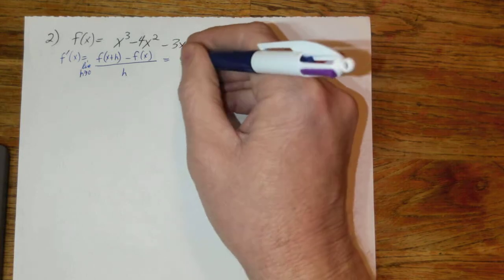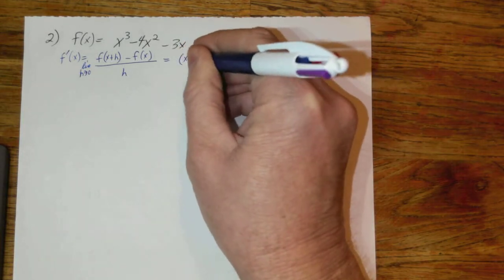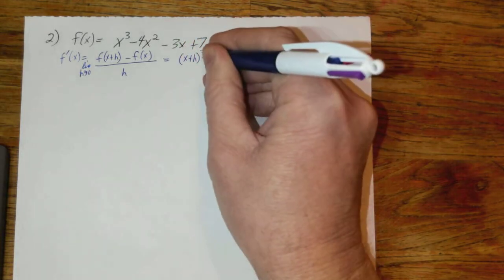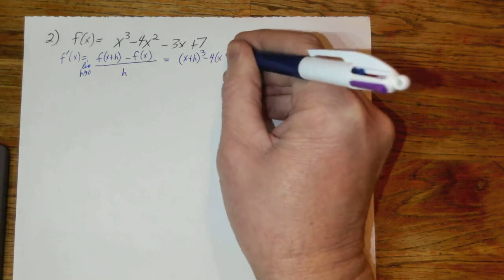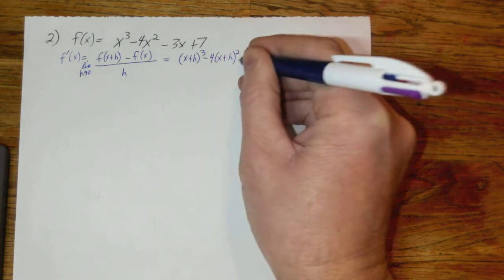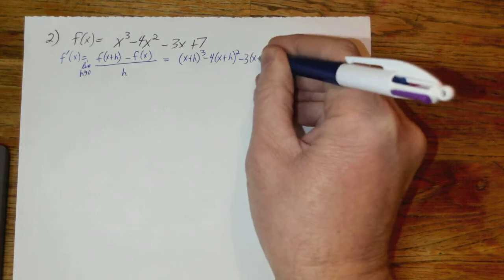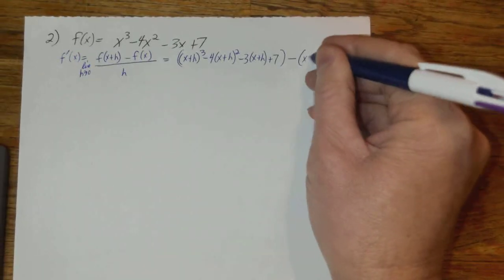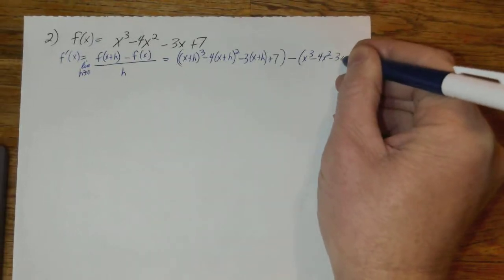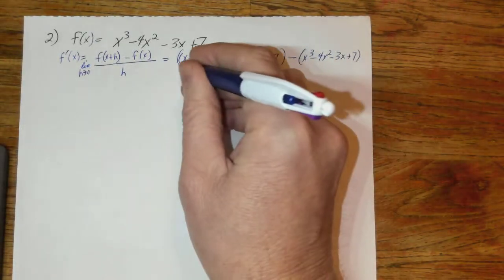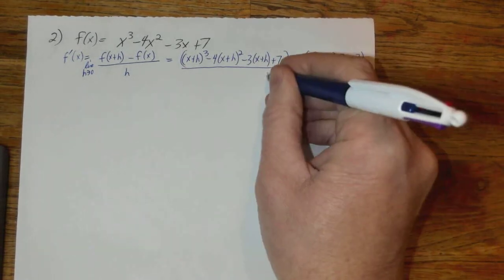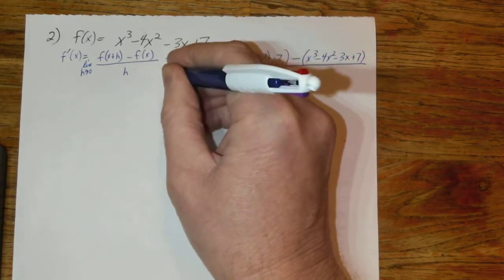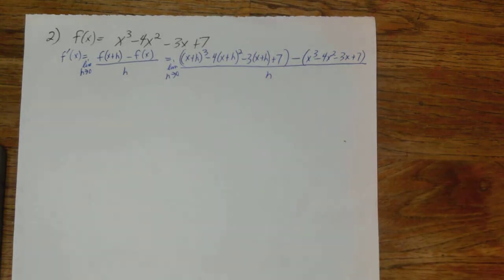And so I've got to take x plus h cubed minus 4 times x plus h squared minus 3 times x plus h, and then plus 7. That's the f of x plus h. And then I've got to subtract f of x, which is x cubed minus 4x squared minus 3x plus 7, and I've got to put all that over h, and don't forget we're taking a limit of that.